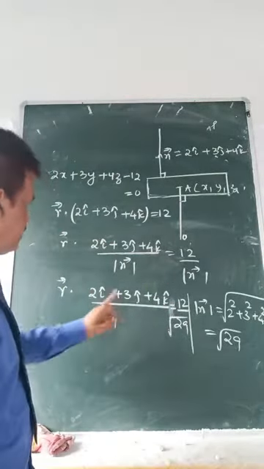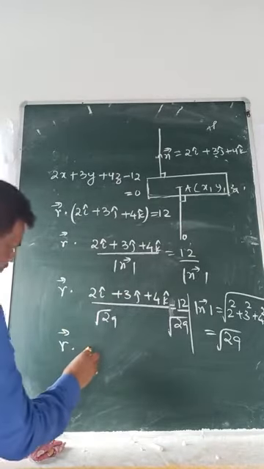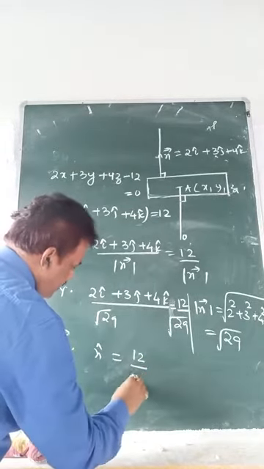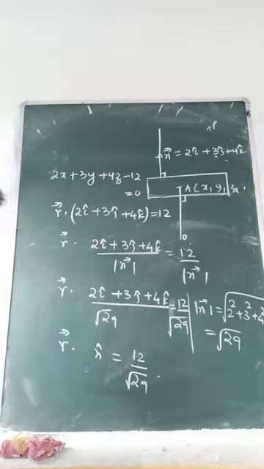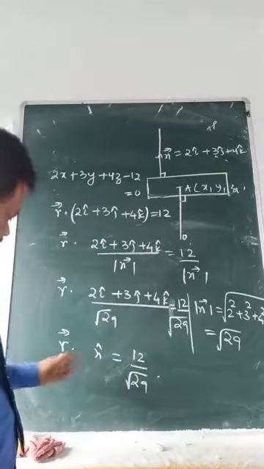Now this became r dot n cap equals 12 by root 29. Okay, what is n cap here?